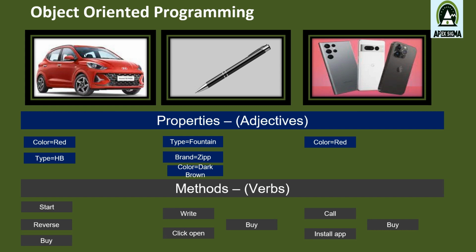Then you have properties which are like adjectives, like the type of pen that you're going to have, the color that you're going to have for a car, and so on and so forth. And of course the methods that are there. So in this way, we first of all identify the objects, create a relationship, have the properties or the adjectives, and also create those verbs or methods for that.